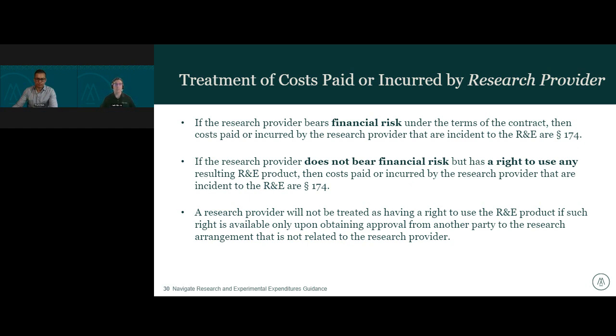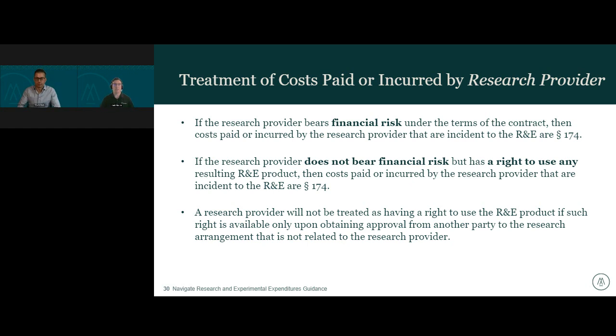And as a reminder, financial risk is the possibility that the research provider may suffer a financial loss related to the failure of the research. The second part of that analysis is that even if the research provider does not bear financial risk, but has a right to use any resulting R&E product, then the costs paid or incurred by the research provider that are incident to the R&E are again still included in Section 174.